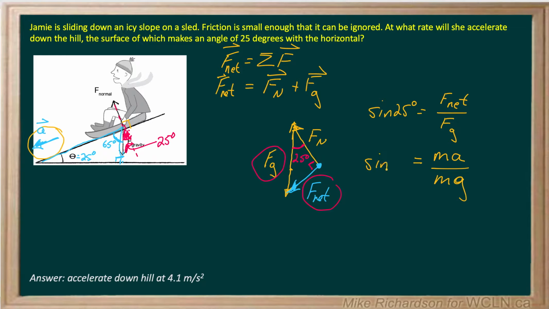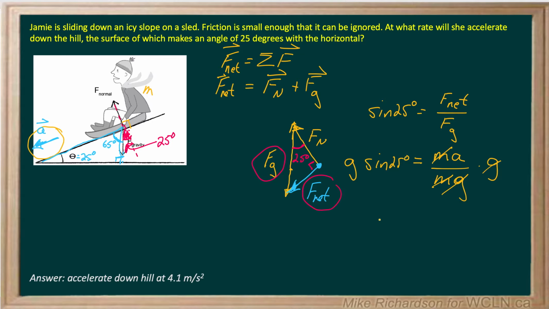Sine 25. Notice the masses cancel, which tells us something in physics. It tells us that no matter what the mass of this object is that's sliding down the ramp, it will always accelerate at the same rate. So mass does not matter. All objects will accelerate down that ramp at the same rate. So we're trying to solve for a, multiply both sides by g to get g out of the bottom.